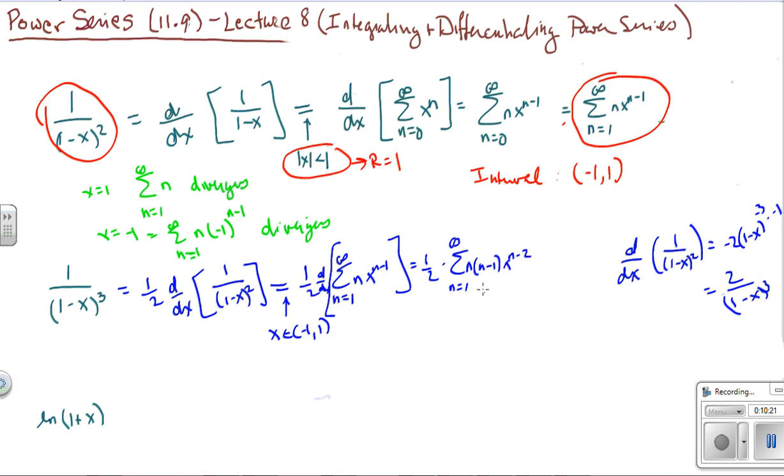And again, the n equals 1 term vanishes, so I'm going to distribute the 1/2 through, and I get the sum, n equals 2 to infinity of n times n minus 1 over 2 x to the n minus 2.